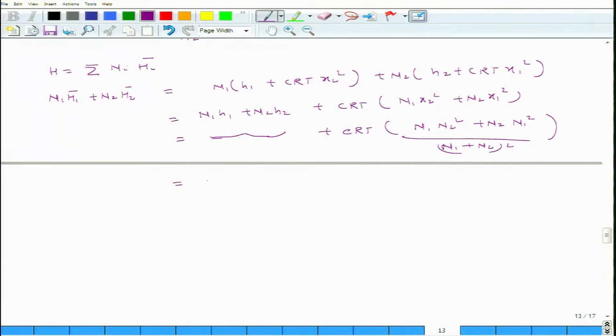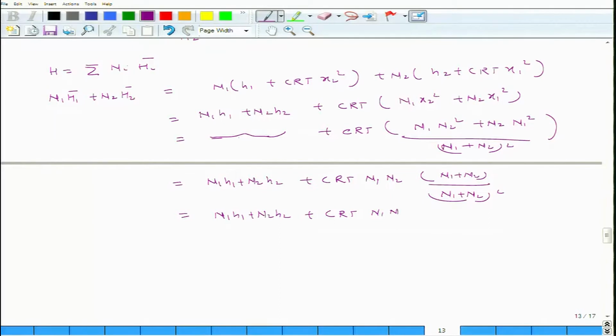So, this is going to be N1 H1 plus N2 H2 plus CRT N1 N2 (N1 plus N2) divided by (N1 plus N2) square.